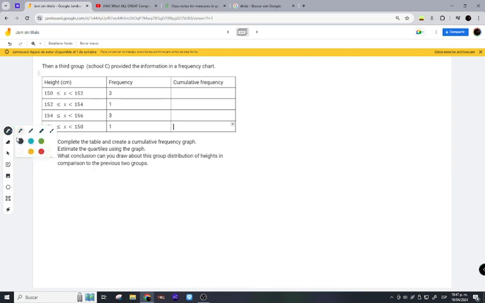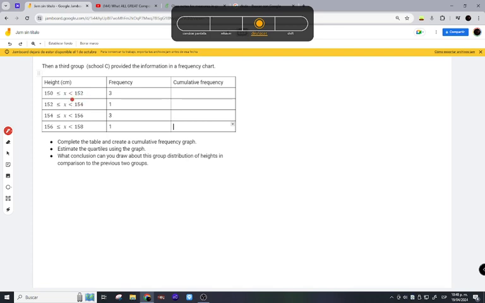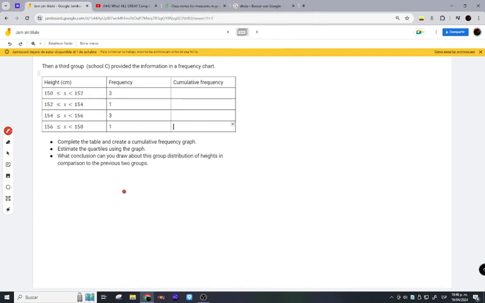We know that between the heights of 150 centimeters and 152 centimeters, not including the 152, that's only the limit, there are three people.